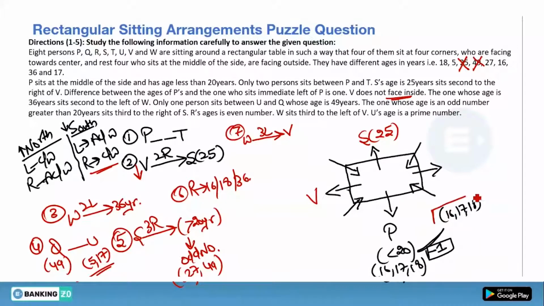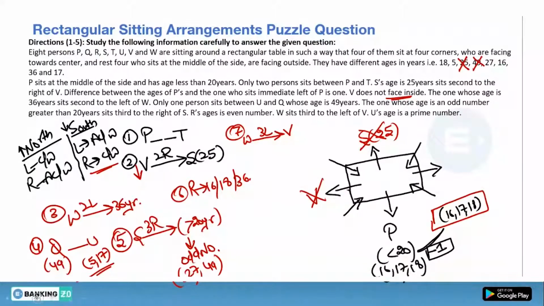See, in this position there is a person sitting whose age is less than 20 years, because we have already plotted 16, 17 and 18. So S's place is not possible over here because condition number 5 is not getting validated. If I put S over here, we are not getting a person whose age is greater than 20 years, because at this point we already have 16, 17, 18 and these are all less than 20.